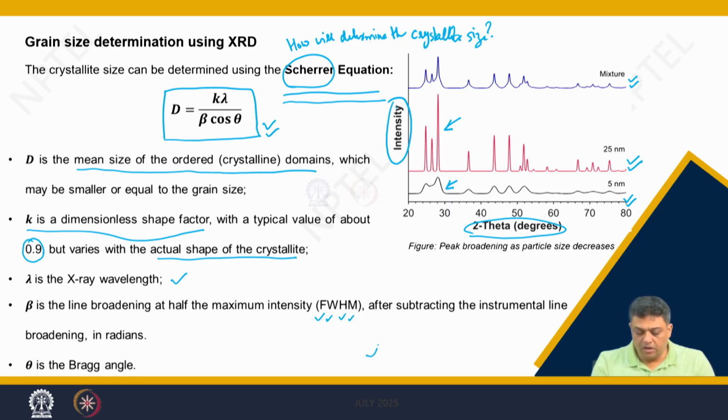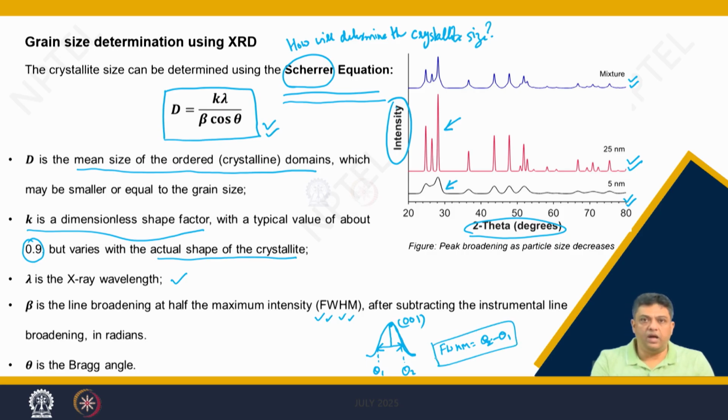So, if there is a peak, let us say 001, then this is the maximum, and this is only the peak coming in from K alpha 1, then you take the half of this and then you find out what is the width. So, this is let us say theta 1, this is theta 2, and FWHM is theta 2 minus theta 1.